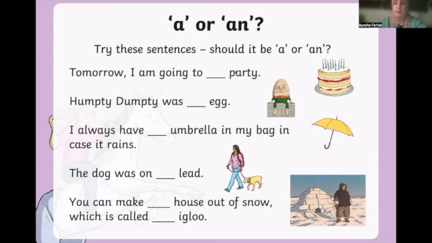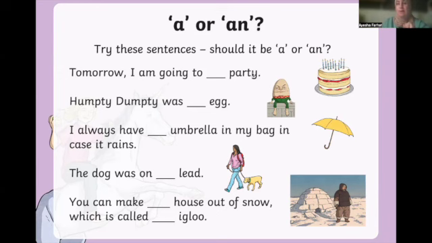So P. Now I have to think, is P a vowel? A, E, I, O, U. Nope, it's not a vowel. So according to my rule, I have to use A for consonants. So tomorrow I am going to a party.